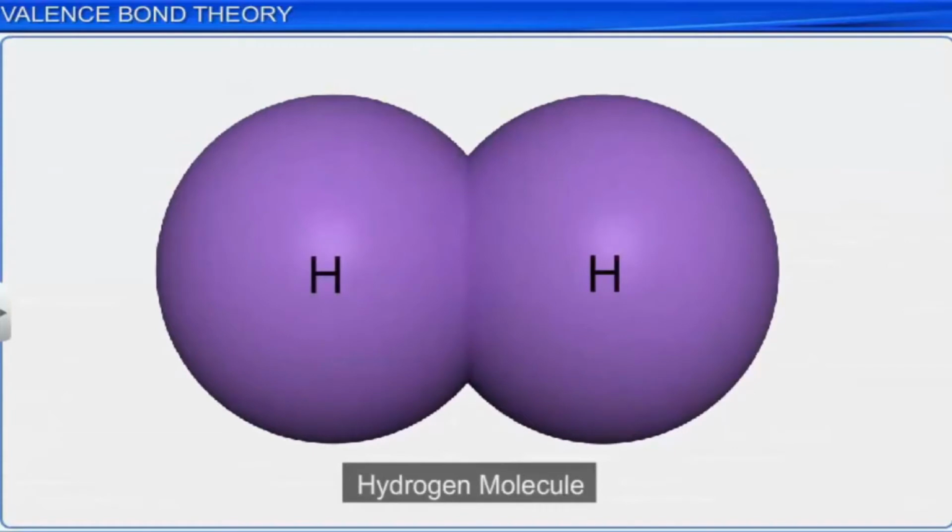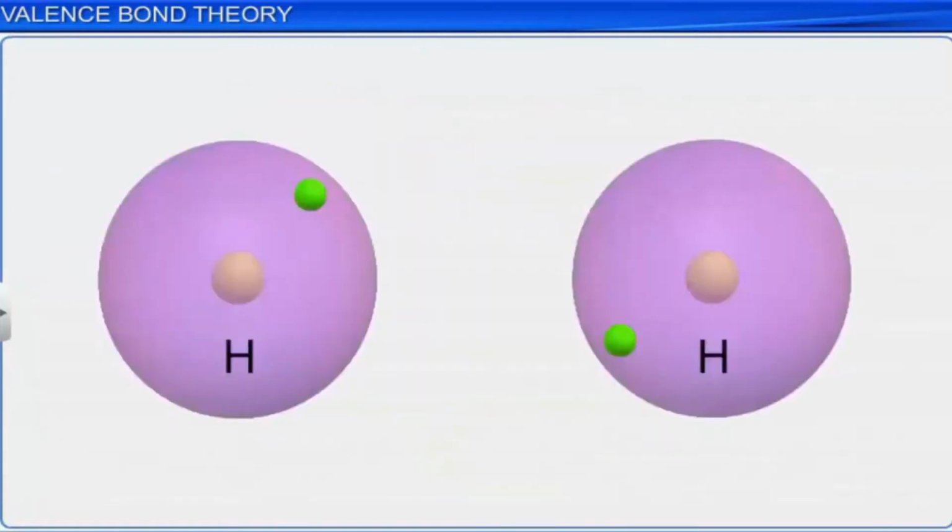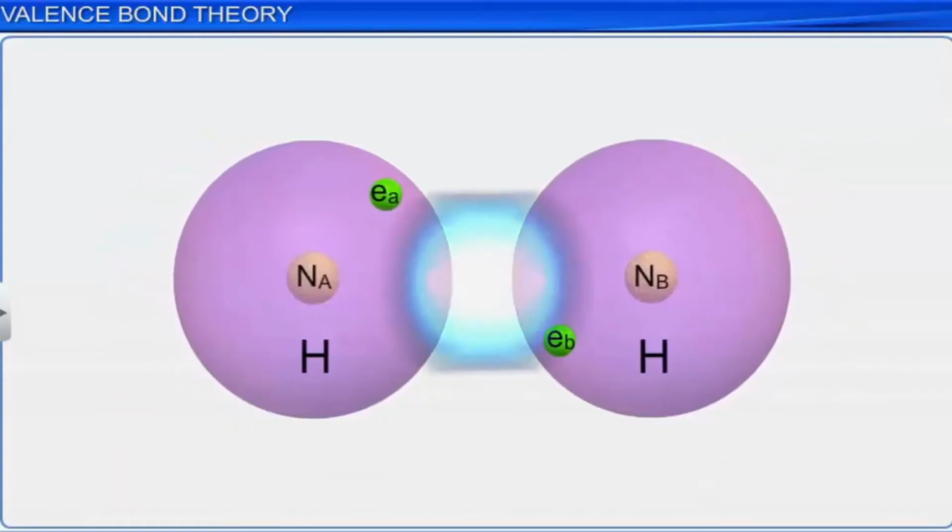Consider 2 hydrogen atoms, A and B, approaching each other. Let us label their nuclei as Na and Nb and the electrons present in them as Ea and Eb. Now, as these 2 atoms come closer, forces of attraction as well as repulsion begin to operate.